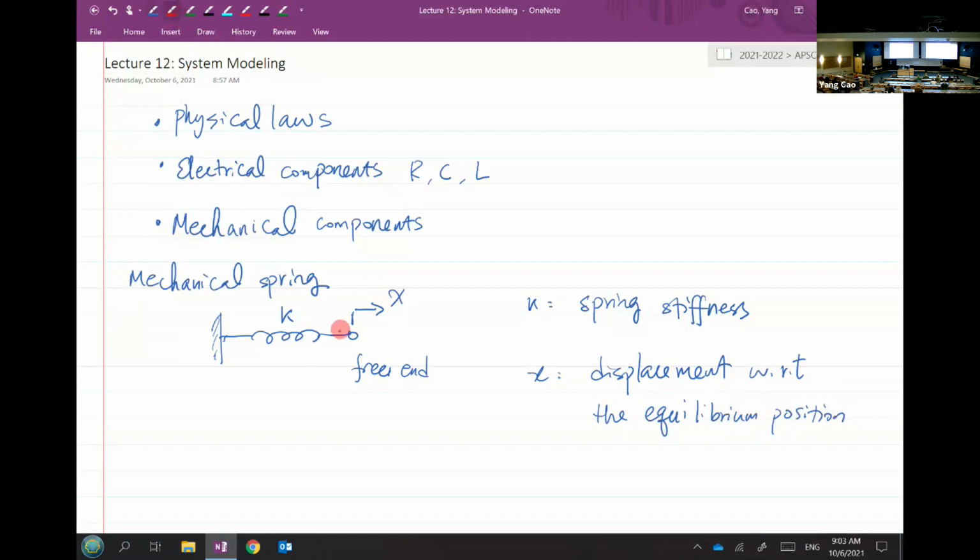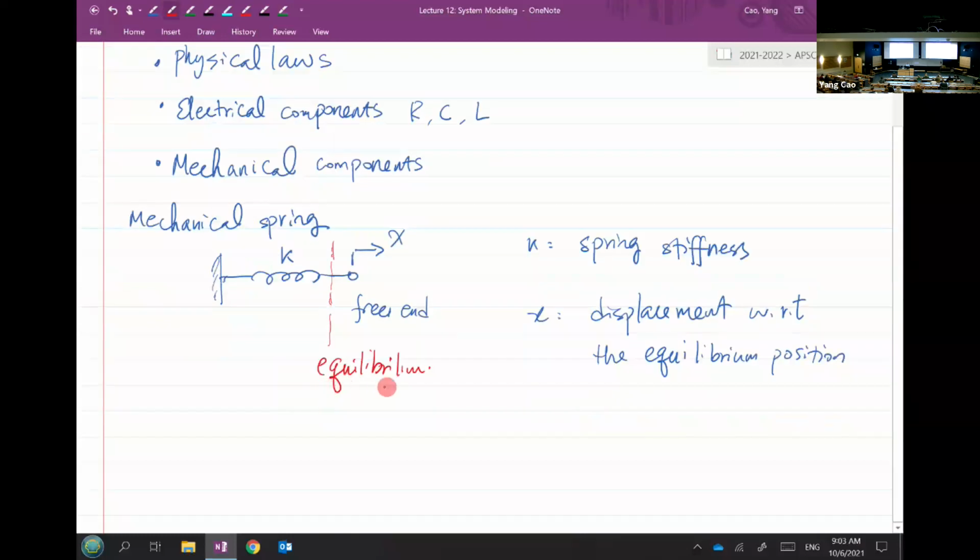So where is the equilibrium? That really depends. When you have a system and you let it settle, then that settled state is the equilibrium state. So let's say this is the equilibrium. We don't really indicate where the equilibrium is in the drawing. We can just draw the x, so then you would know that this is referenced to a certain equilibrium position.